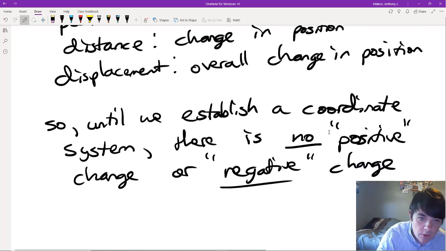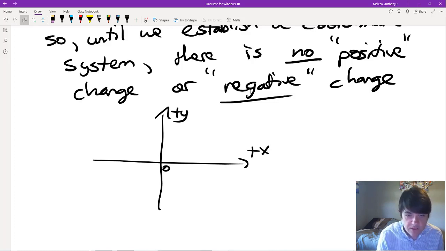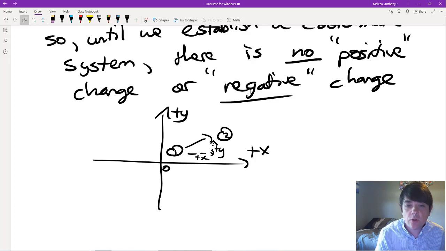There's nothing like that. Because the job of a coordinate system, like this, plus x plus y, is to give you some bearing on what you're doing, right? So for these position changes under this coordinate system, well, 1 to 2, you could say I'm moving in the positive x a little bit and in the positive y, right? But that's only because I overlaid a coordinate system on top. Without a coordinate system, I didn't do any of that.